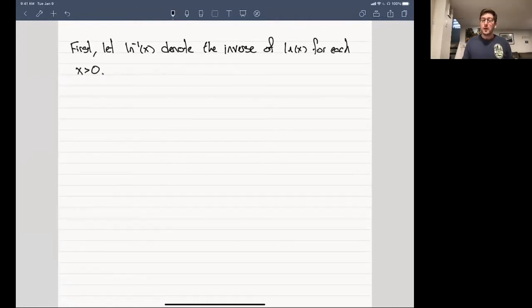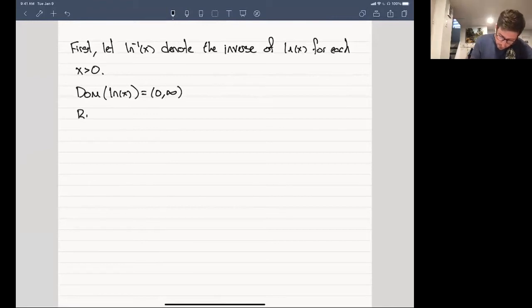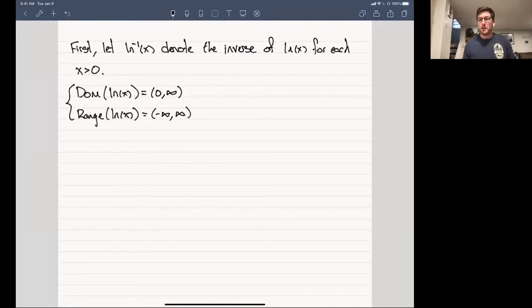Okay, then we know the domain of ln of x, where dom stands for domain, is equal to all of the positive numbers, 0 to infinity. And the range of this is equal to minus infinity all the way up to infinity. We just showed these asymptotics: as x goes to infinity, ln of x goes to infinity.